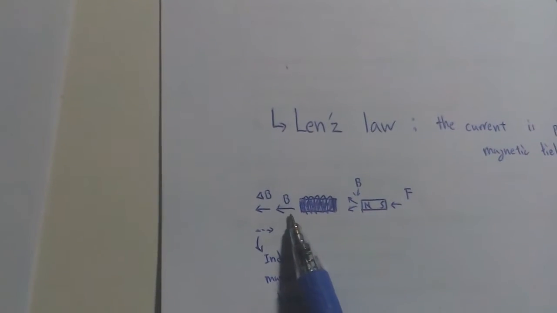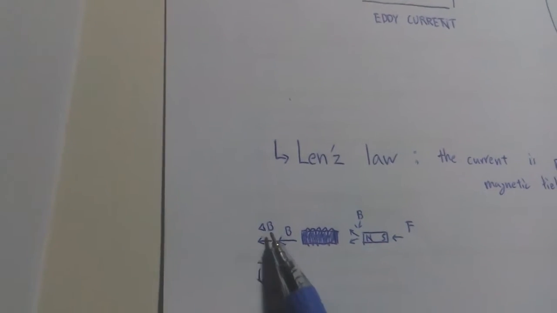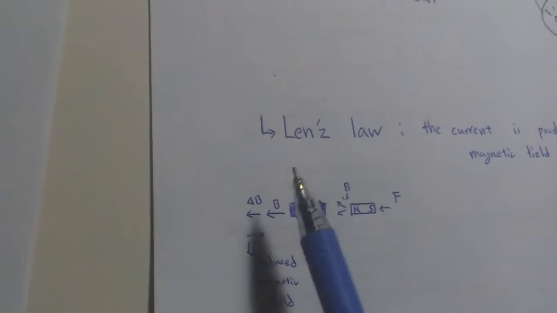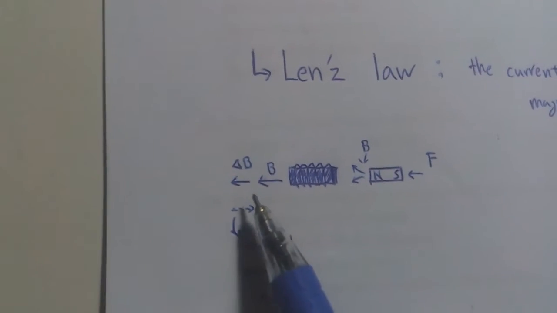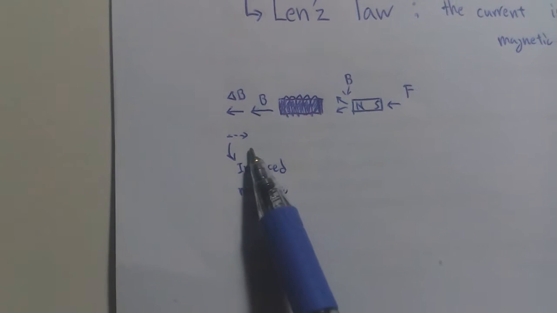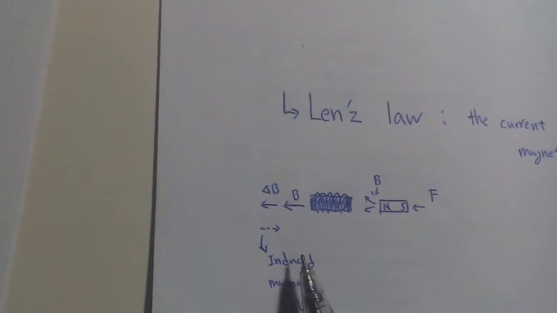So this is the ordinary one. When we push this one, we have an increase in magnetic field, which is the delta B, and that delta B is causing the induced magnetic field in the other direction.